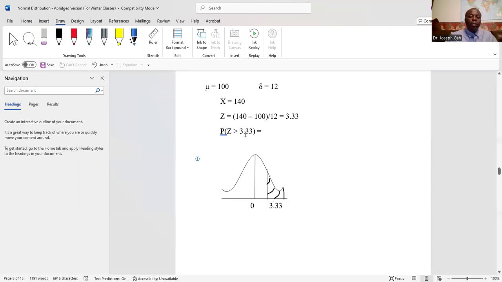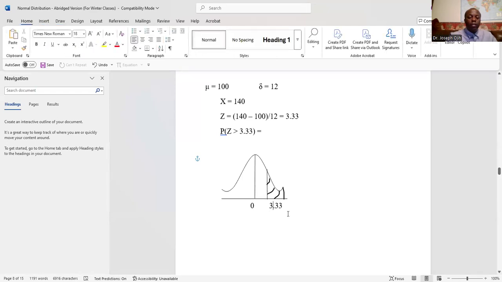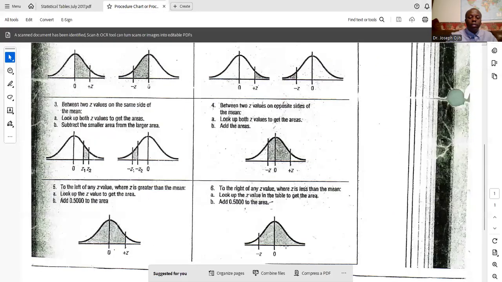Now you can go and look for the procedure chart, one that looks like this one. The procedure chart is right here. I'm going to share it with you.